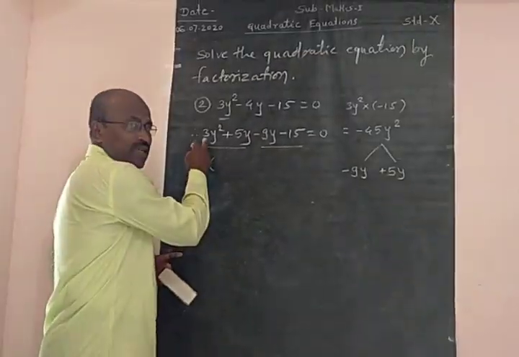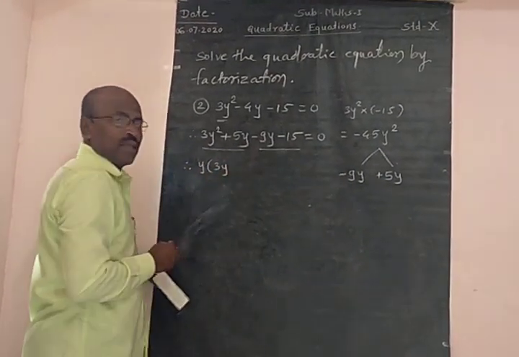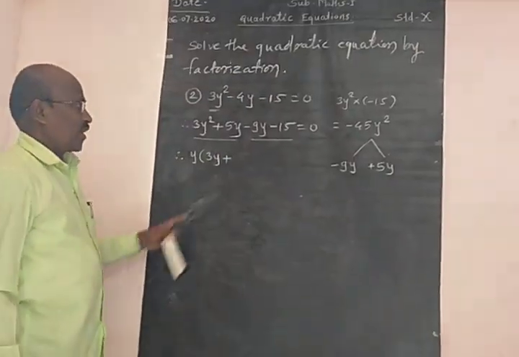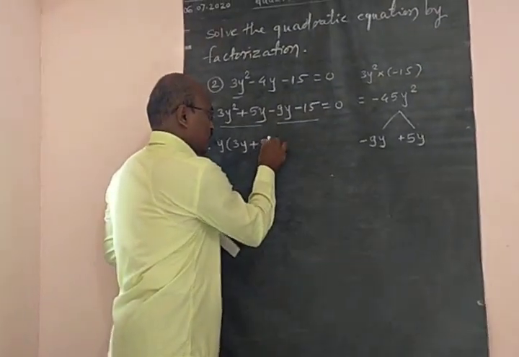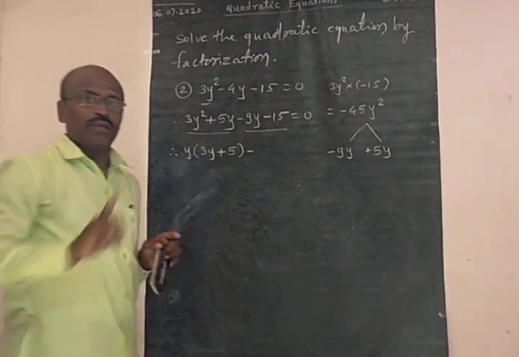What will remain here? Divide 3y square by y. We will get 3y. And here is the plus sign, take as it is. And divide 5y by y. We will get 5. Again take here this minus sign. Now look here.